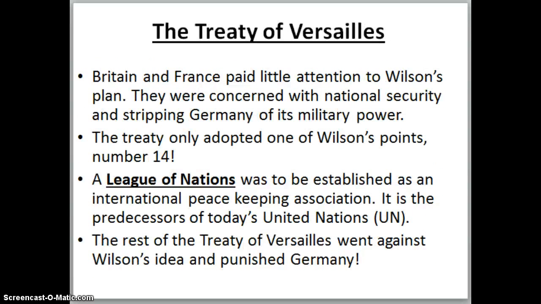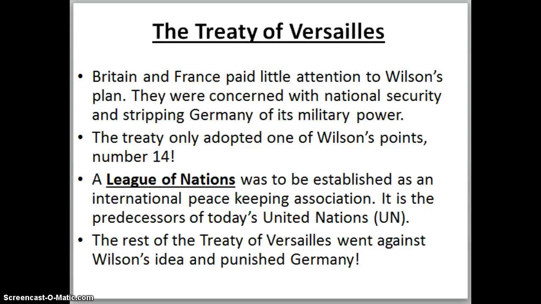The Treaty of Versailles. So Britain and France paid little attention to Wilson's plan. They were concerned with national security and stripping Germany of its military power. The treaty only adopted one of Wilson's points, which is actually number 14.